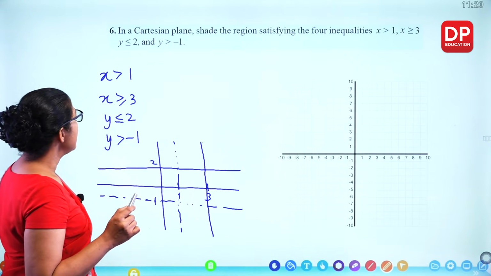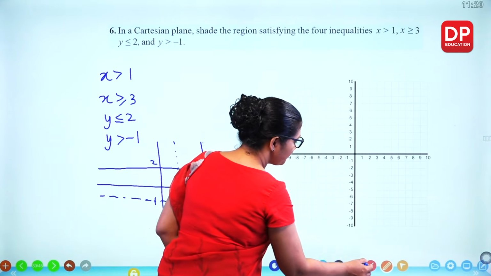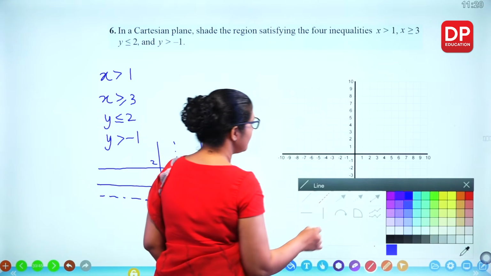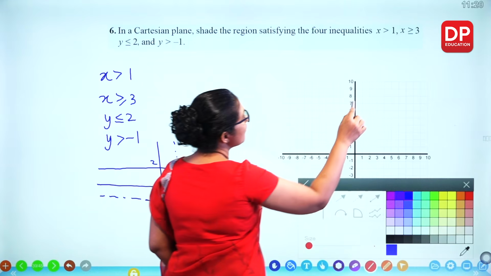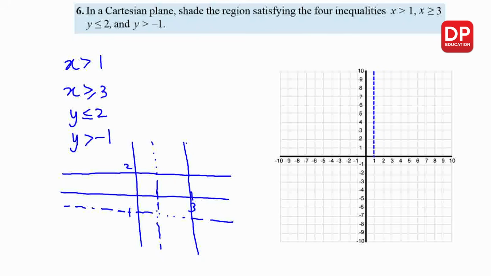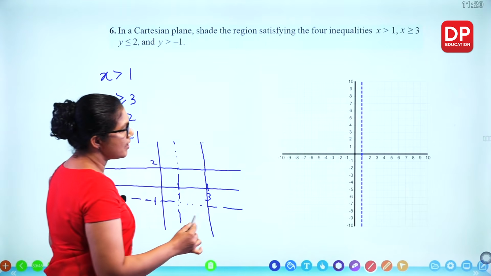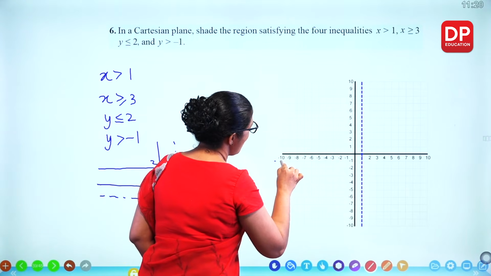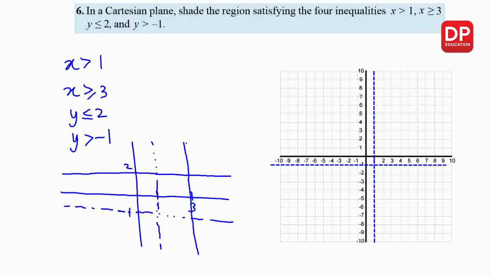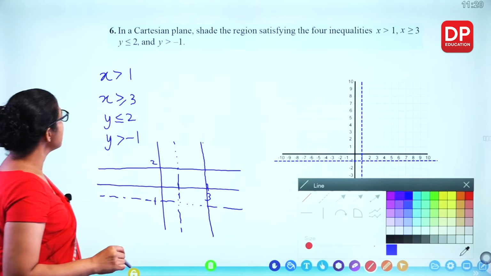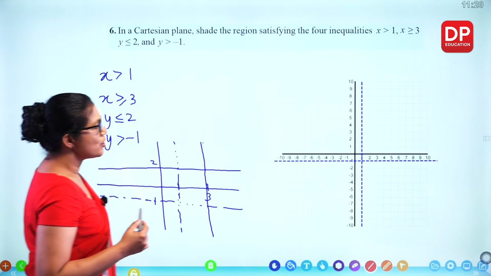All the lines. x greater than 1, so I need a dashed line. So I can draw this line. And what's the other dashed line? y greater than minus 1. So I can draw that. And here I want to draw the two continuous lines, x greater than or equal to 3.